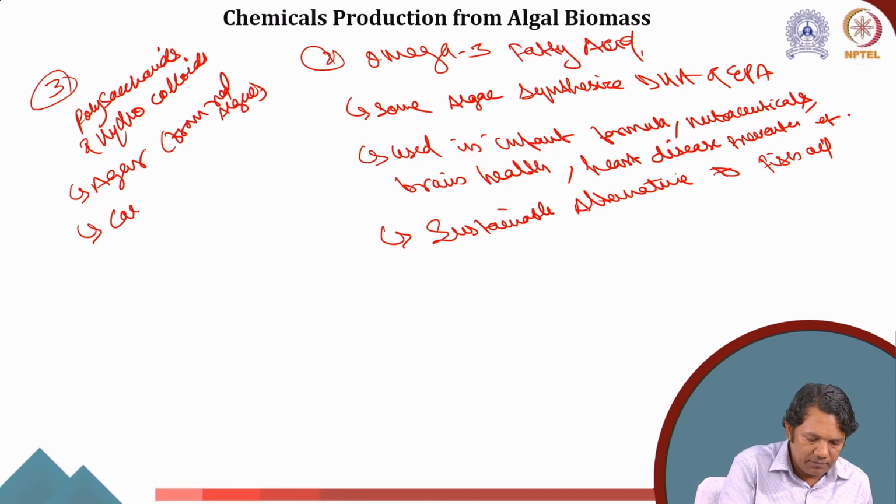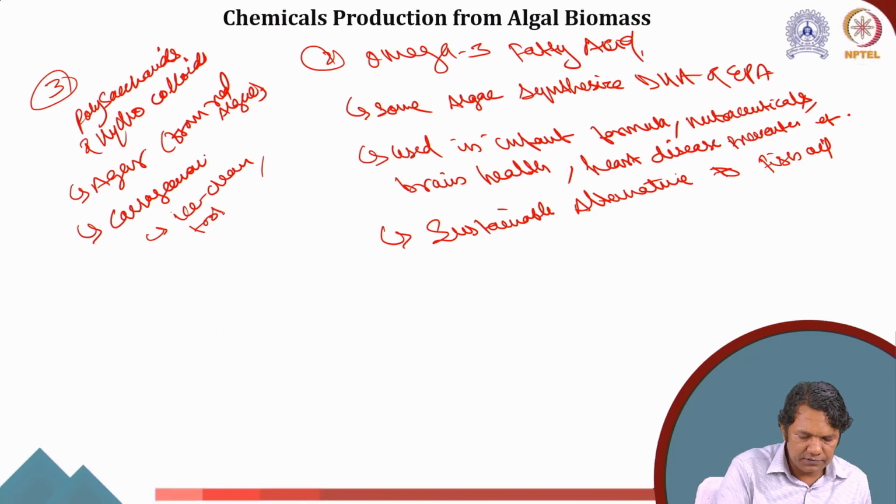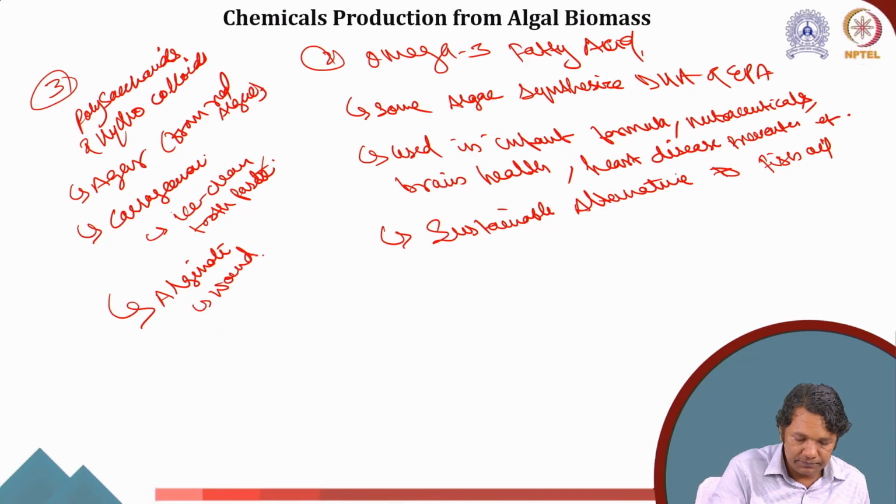Then we have carrageenan, which is used in ice cream and toothpaste. Then we have alginate, which is used in wound dressing, food gelling agents, etc.